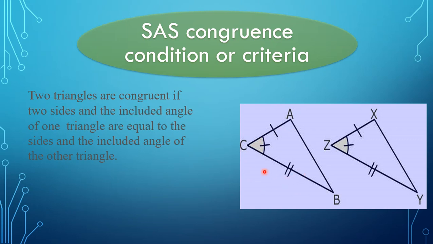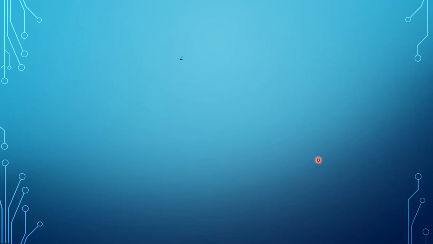We observe that AC and XY are equal, side CB and side ZY are equal, and angle C and angle Z of the two triangles are equal. Then these two triangles are called congruent triangles by SAS criteria.